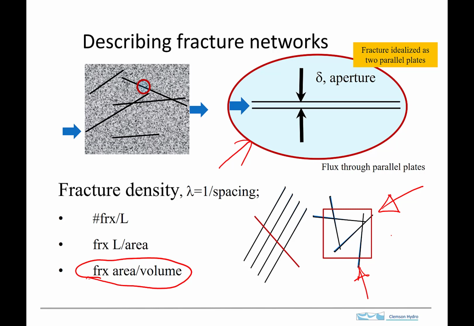So it's a three-dimensional fracture that goes into the plane, but we're just seeing the trace of it. And so one way that we might estimate the fracture density is by measuring the length of the fracture, that length, and summing up the total length per unit area. So that's one measure. That would be this measure here, the fracture length per unit area.